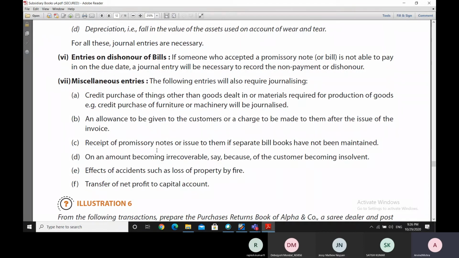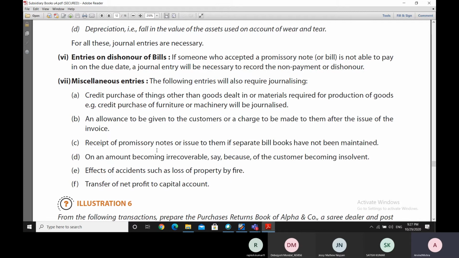Because in the purchase book, though we are entering the credit purchases, we are entering the credit purchases only of the goods which are dealt in by that business, or the credit purchases of the materials which are required for production of the goods in the factory.